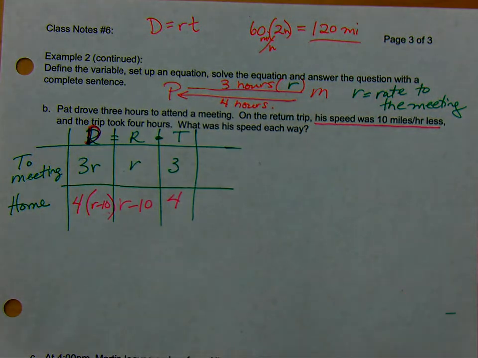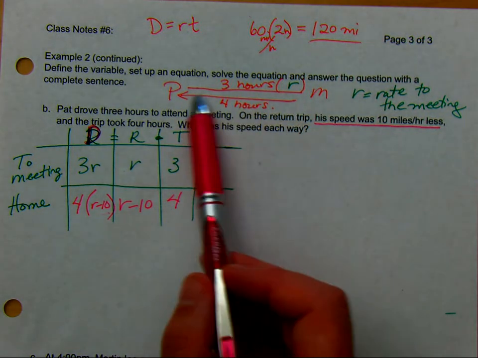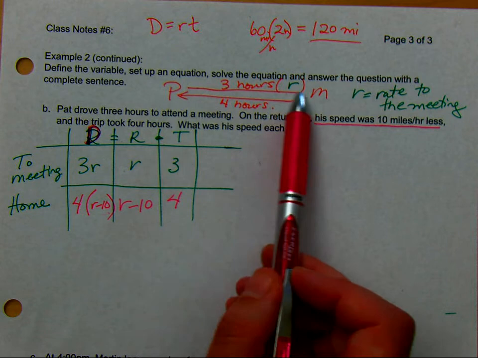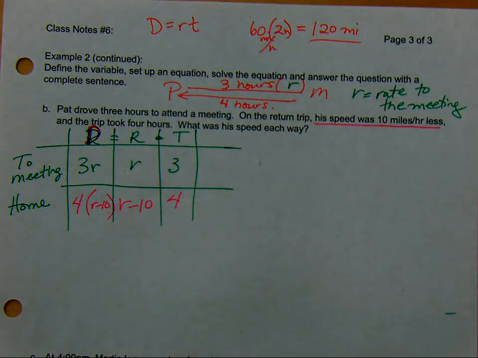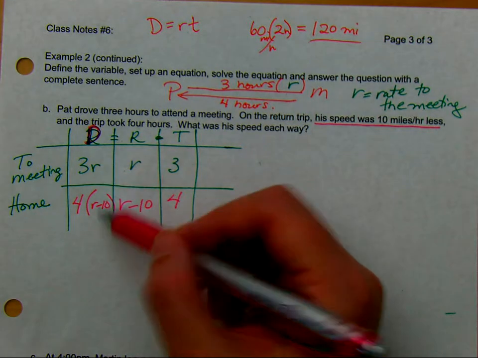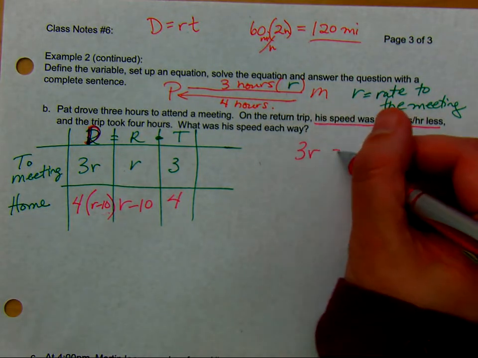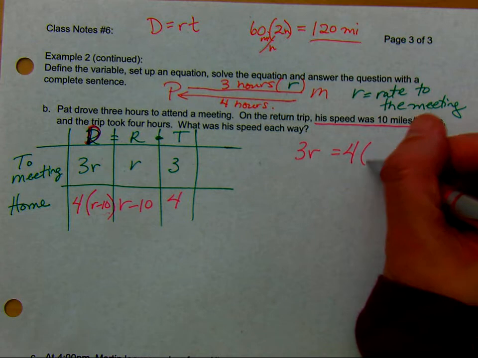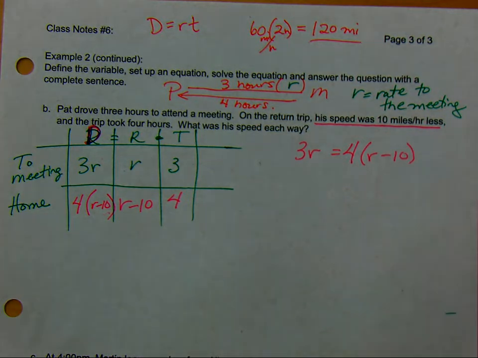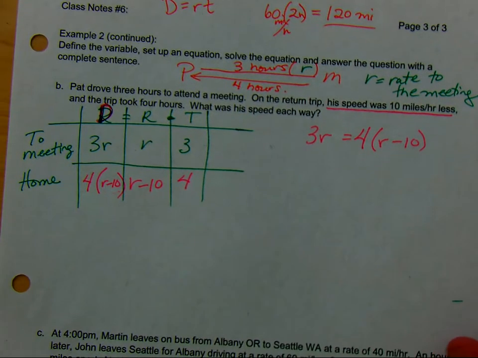Now let's look. Did he make any detours, or what's the distance? The distance to the meeting and the distance home, isn't it the same? So that means these two distances, 3R is equal to 4 times (R minus 10). Do you see that? The distances are equal.